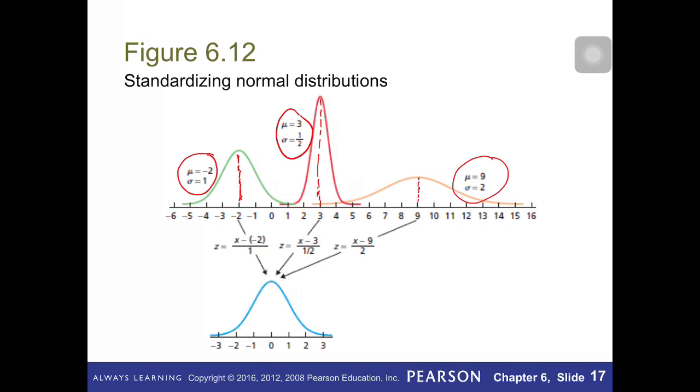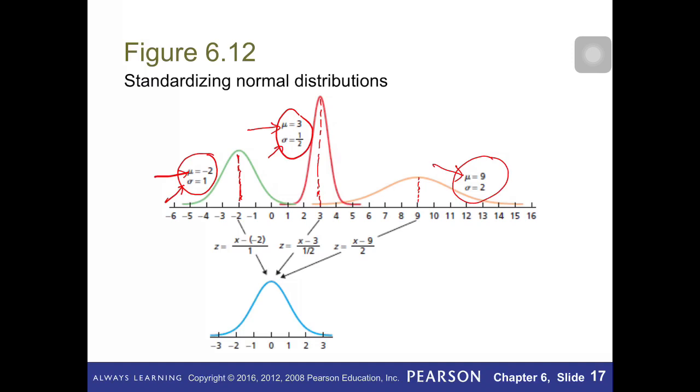Now can you see the relation? Here mu is -2, and for mu 3 the graph moves to the right-hand side. Then for the third one, mu is 9, and the graph is shifted to 9. So mu shifts the curve. When you consider sigma, here it is 1, it's like this pattern.